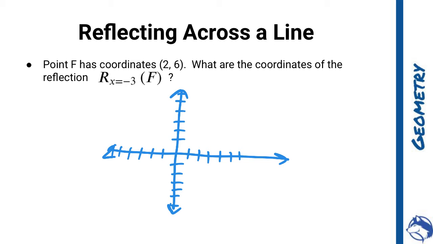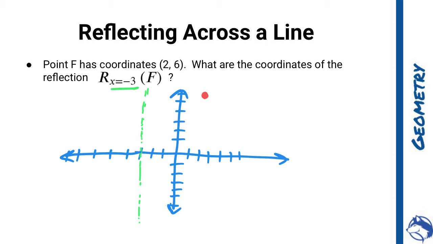If I graph this point 2, 6, and I need to reflect it over x equals negative 3, well, negative 3 is x right there, which means it's got to be this vertical line here. So I actually need to continue my graph a little bit more to include some more values.